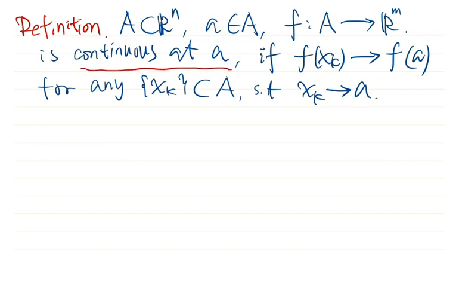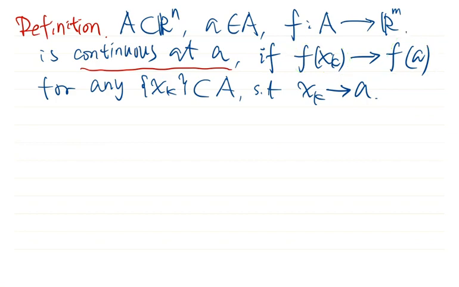So let us have a look at this definition. Here, both a and every x_k are points in A. a and x_k are in the domain of definition of our function f. Therefore, it makes sense to write f(x_k) and f(a). This is the first point. Okay.